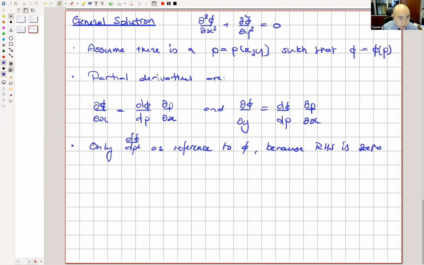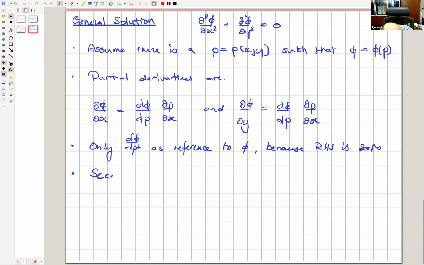Since the right-hand side equals 0, that cancels out, and the only thing left is a relationship between p and x and y. Because that's the thing I'm looking for: is there a general form of the solution that does not depend on phi? And then I can get p as a function of x and y. So that's the goal. Let me illustrate this even more carefully.